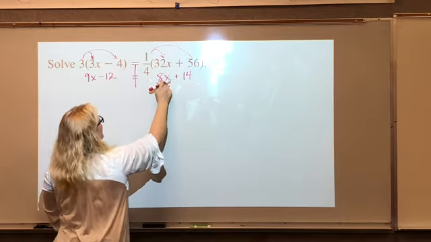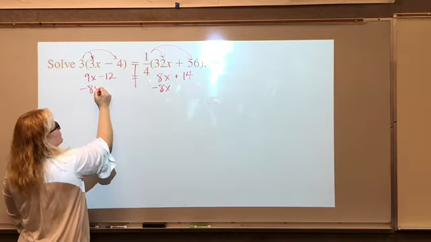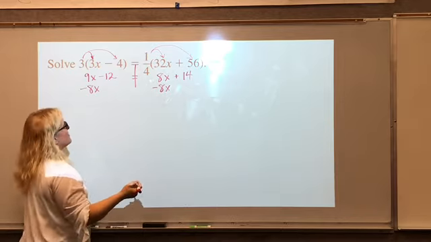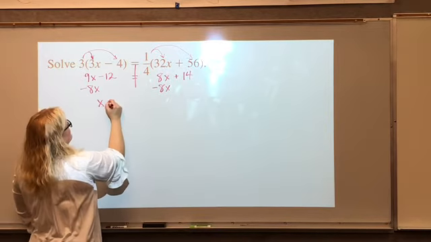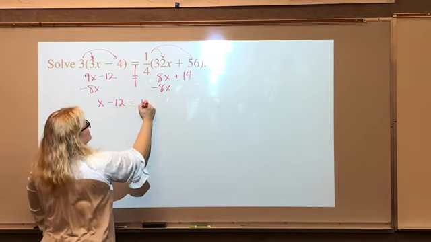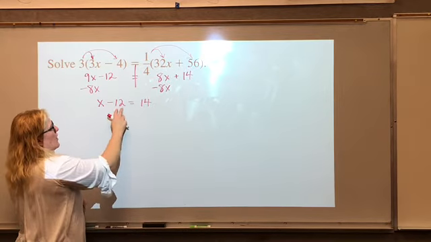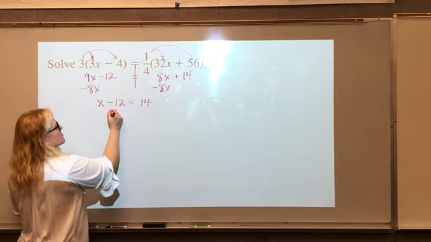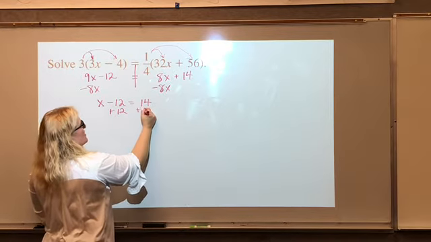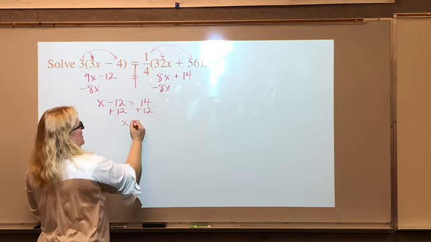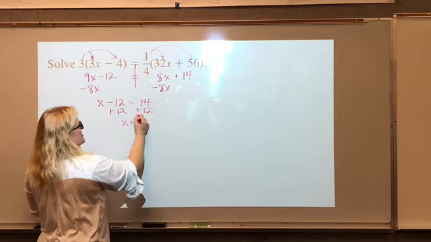That gets rid of this 8x. But what I do to one side, I have to do to the other side. So I'm left with x minus 12 equals 14. And now I want to get this 12 over here, so I do that by adding 12 to both sides. And I get x equals 26.